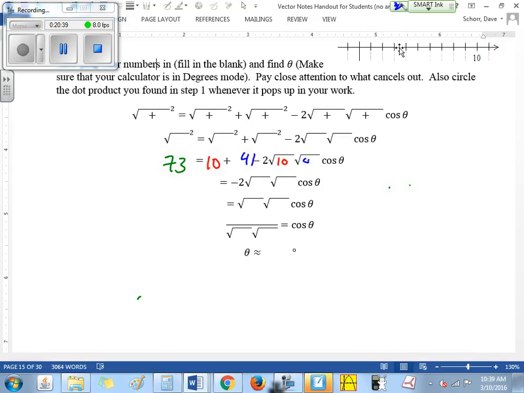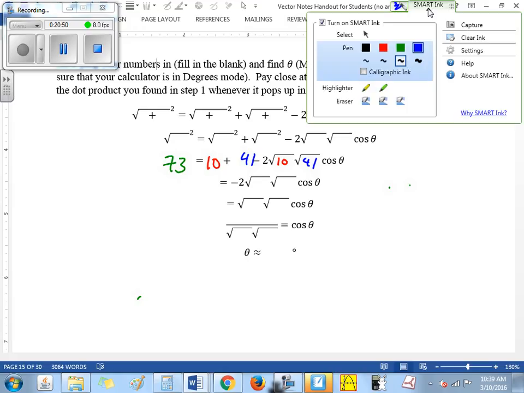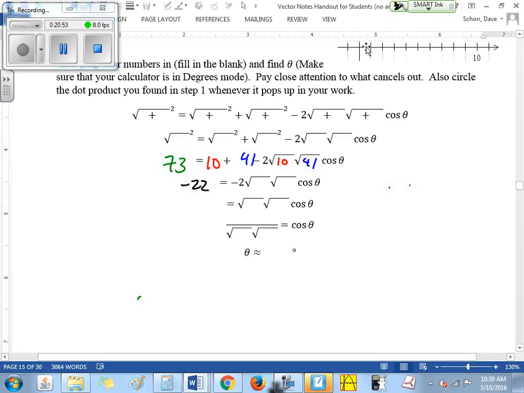You can tell that Mr. Short now has just the negative 2 root 10 root 41 cos theta by itself, so I think I moved the 10 and the 41 over. So this is just negative 22 equals negative 2 root 10 root 41 cos theta. It's a negative, excuse me, it's a positive. We subtracted both 10 and 41 from 73.